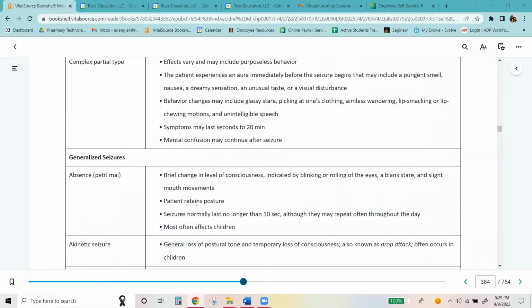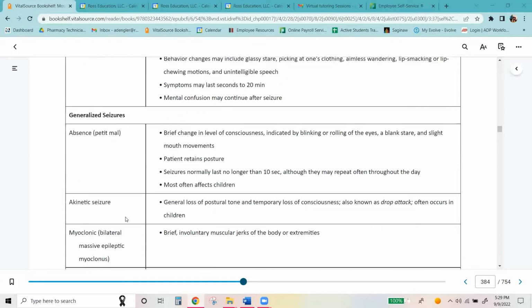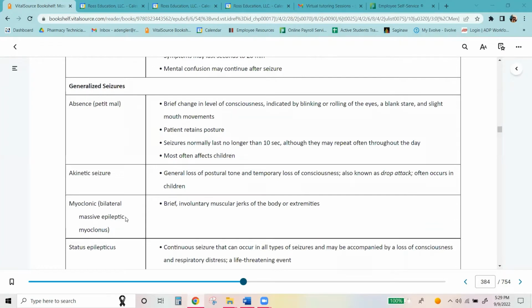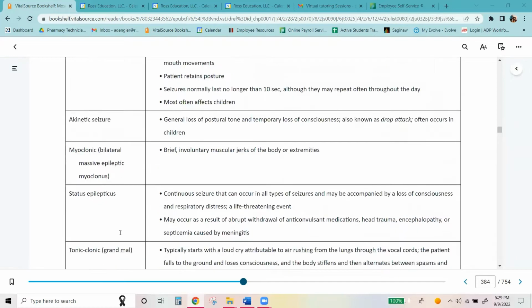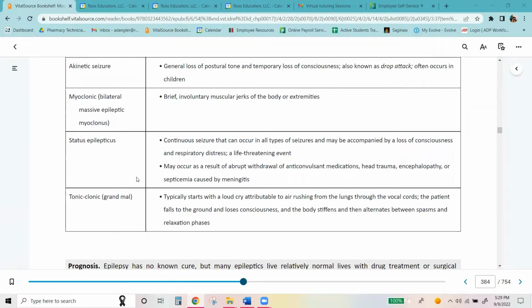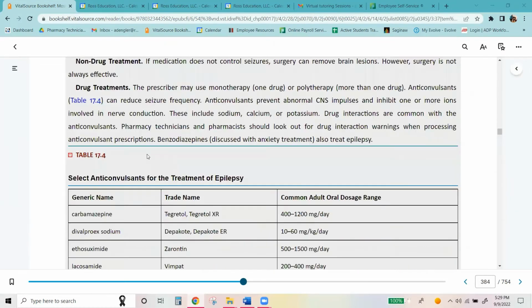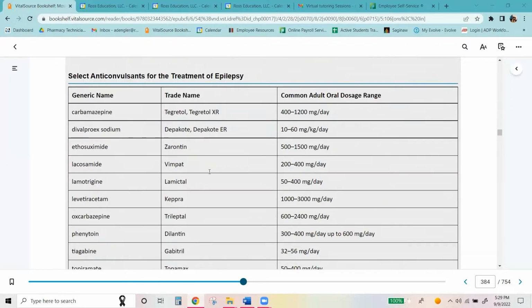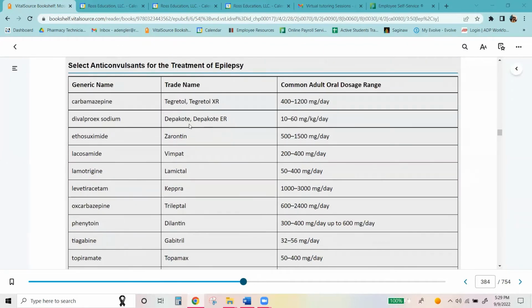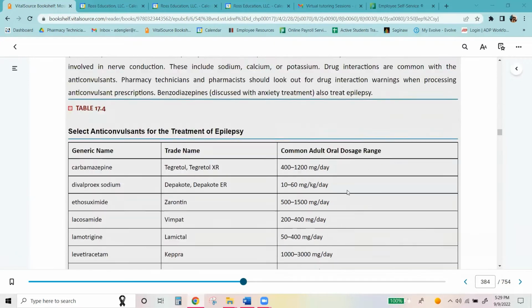Generalized, we have absence, which are called petit mal, akinetic seizures, myoclonic seizures, status epilepticus, and grand mal, which are tonic-clonic. Here are select anticonvulsants for the treatment of epilepsy. It gives you the generic name, the trade or brand name, and the common adult dosage per day.